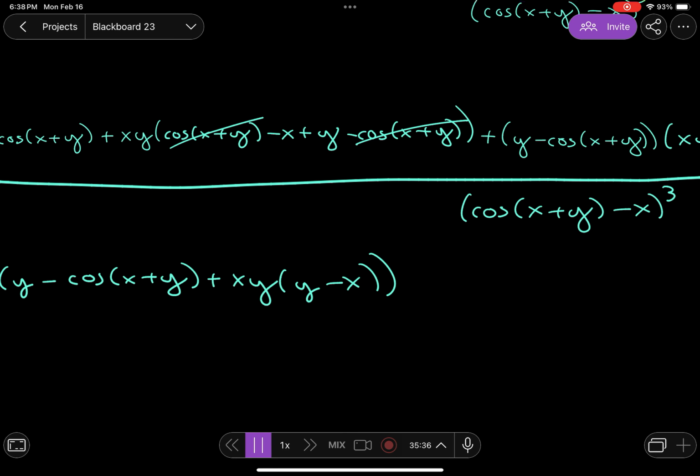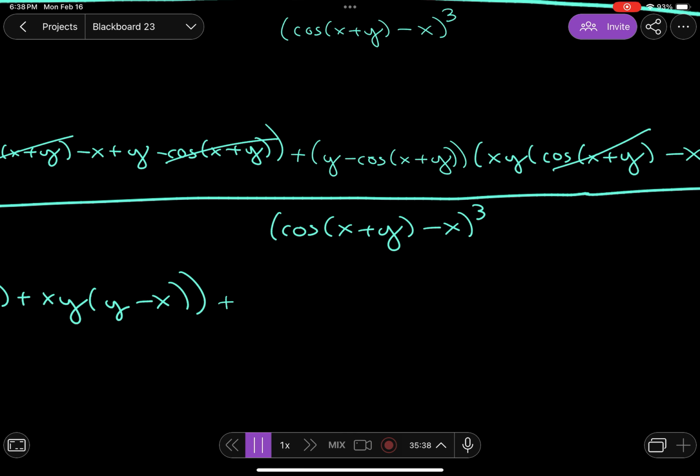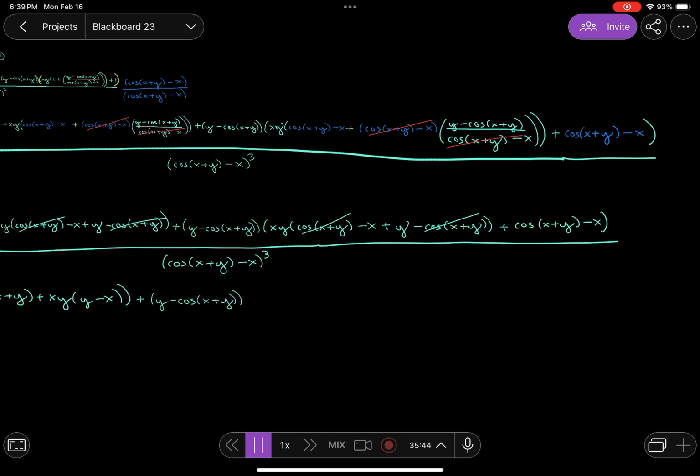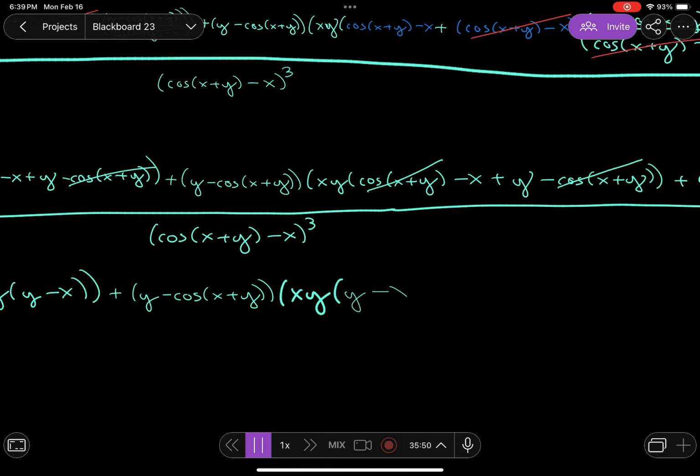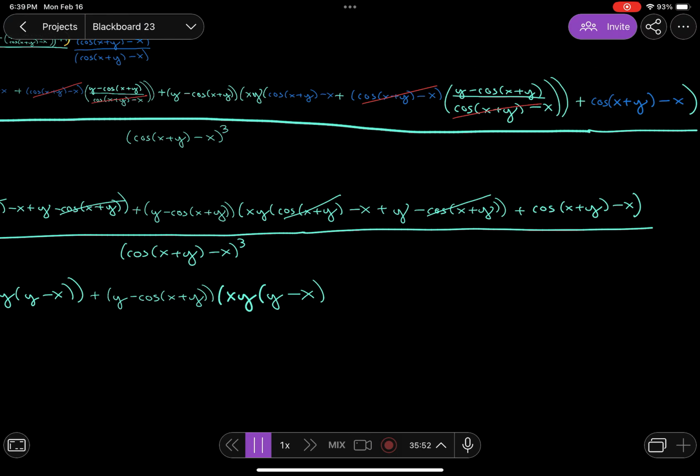And then we have plus y minus the cosine of x plus y. And here we got x times y minus x plus the cosine of x plus y minus x.